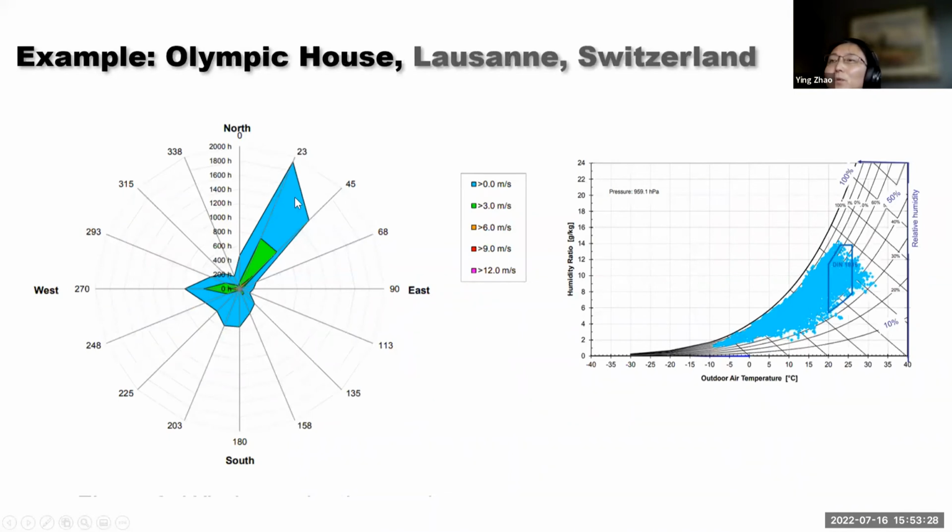The wind mostly comes from the northwest, southwest, and northeast directions, and most of the winds are between 0 and 3 meters per second, and some are higher. The blue area, between 0 and 3, is the majority of the conditions. And the temperature data is analyzed similarly, shown with Climate Consultant.